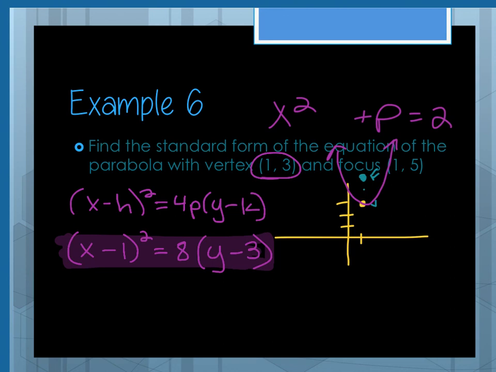If I had asked you for the directrix, could you tell it to me? What is it? How far do I have to go from my vertex? Good. I have to go down 2 places, so y would equal 1.